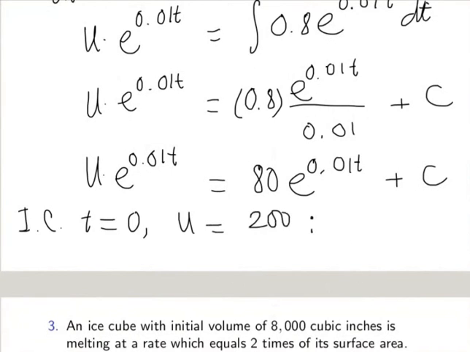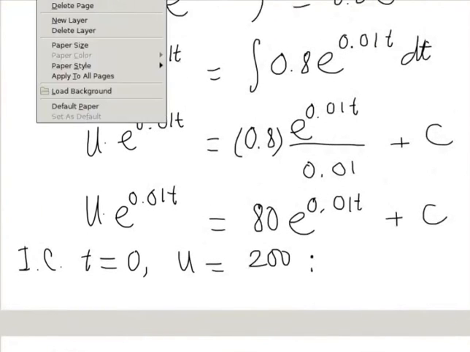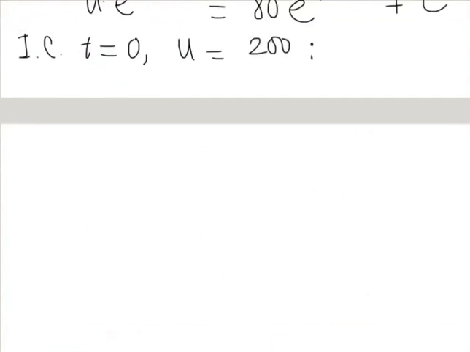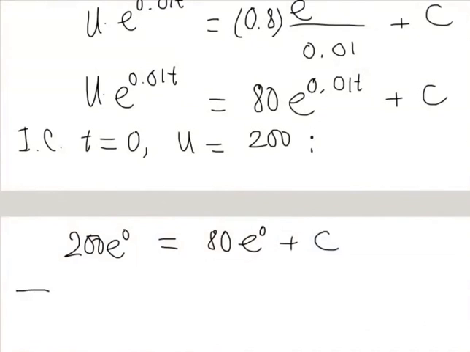At this time, we use the initial condition t equals 0, u equal to 200, and we solve for c. So we have 200 e to the 0 equals 80 e to the 0 plus c. E to the 0 is 1. Solving this, we have c is 120.